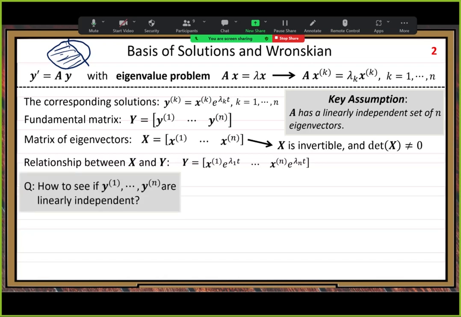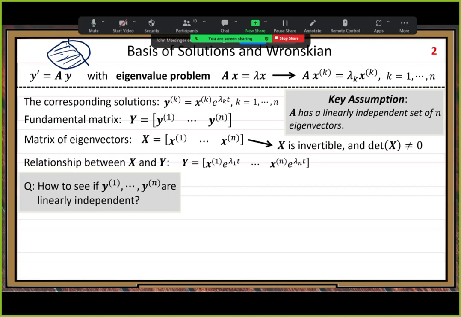Another important thing is whether these n vectors are linearly independent. If they are, then we can say they form a basis of the solutions.